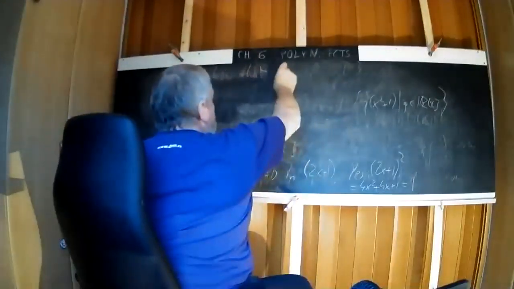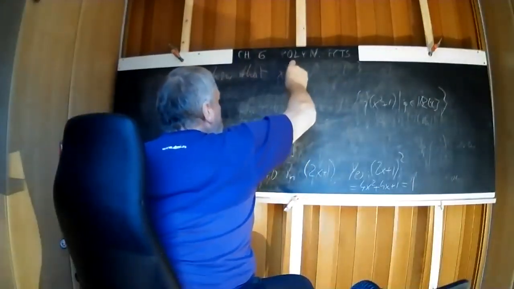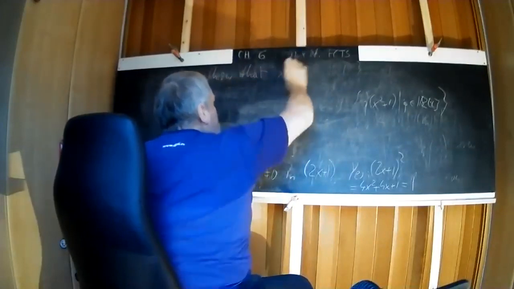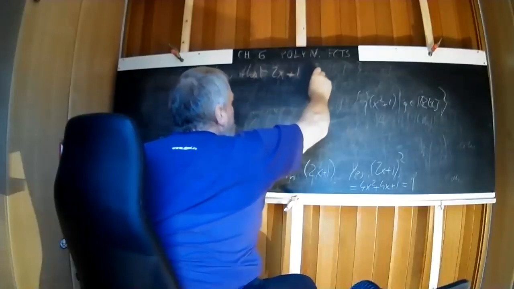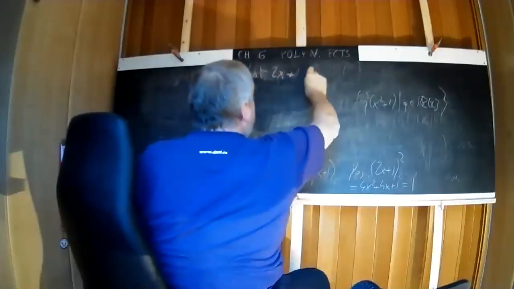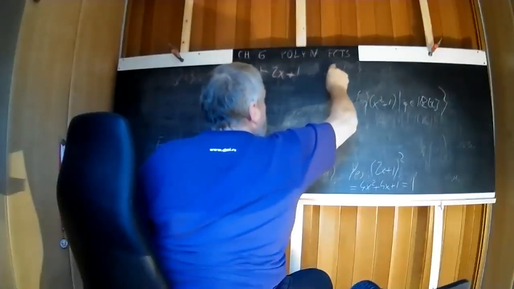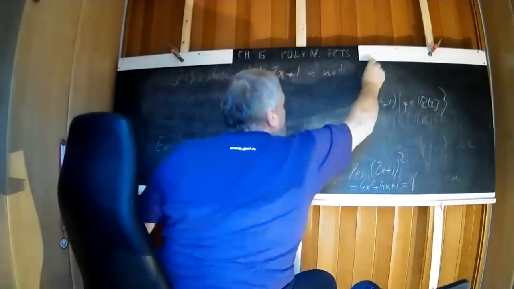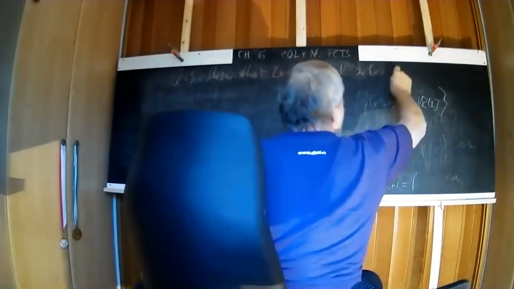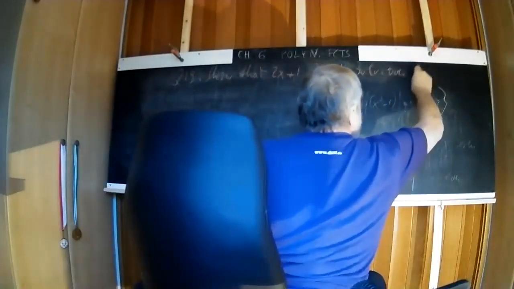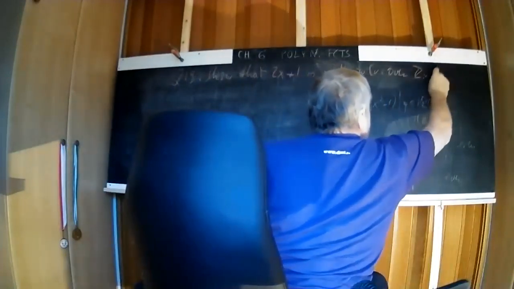Make sure that the equation 2x plus 1 is not solvable over Z times Z2.